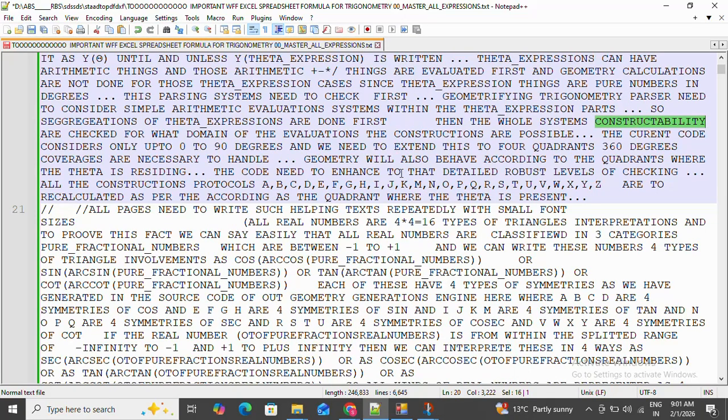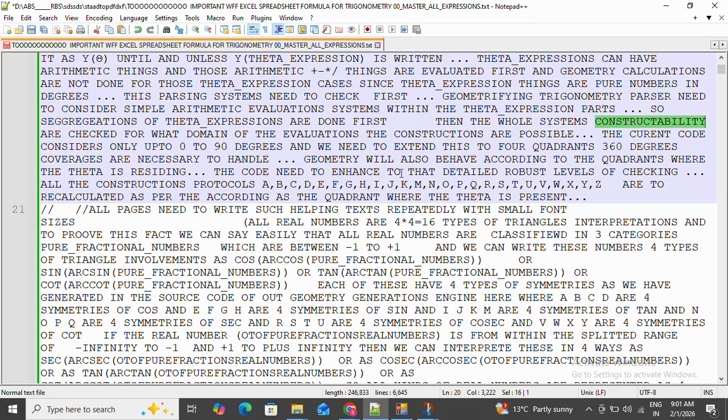And here we have a robust, godly way of doing geometry, where all possible cases are handled, and all pages need to write such helping text repeatedly in small fonts, which now comes automatically with the PDF generations. Now all real numbers have 4 types of triangle interpretations, and to prove this we can easily say that all real numbers are classified into 3 categories.